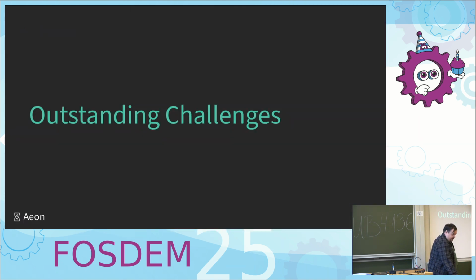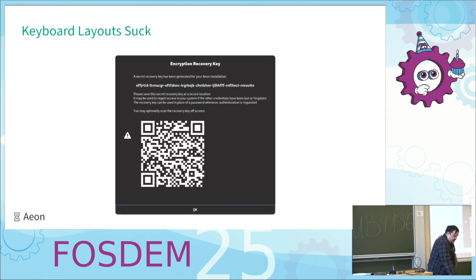But not 100% perfect. So the first thing we had issues with is this lovely recovery key. I don't know if this is just an fde-boot-util thing or also with systemd-cryptenroll, but there's a whole bunch of effort taken to only use characters which are all in the same location on everybody's keyboard, which is awesome.